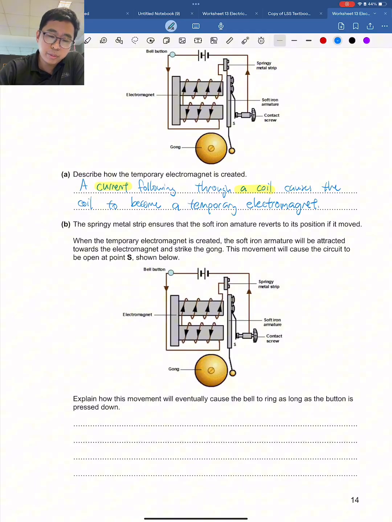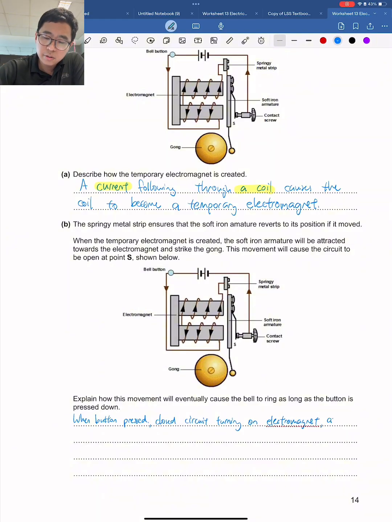So first things first, we must say what happens when the button is pressed down. So when button pressed, what happened? Okay, so then closed circuit, turning on electromagnet. What does magnet do?